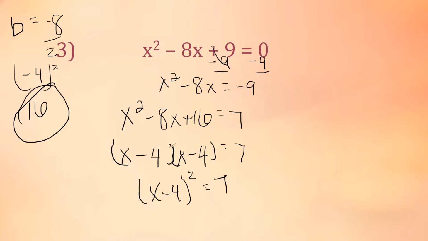Now I want to take the square root of both sides. And we need the square root of 7, which is about 2.64, plus or minus.